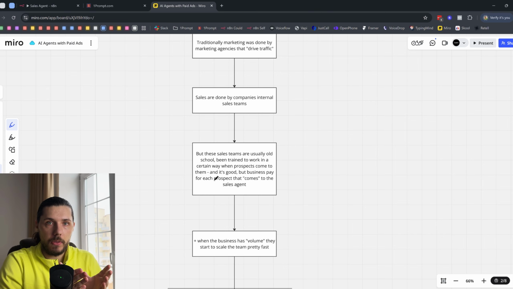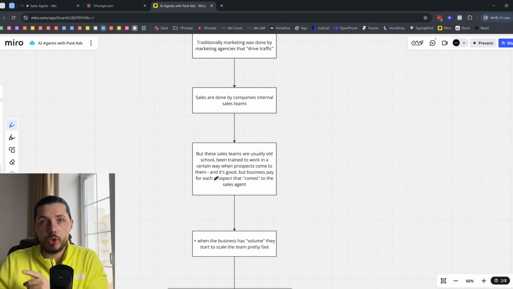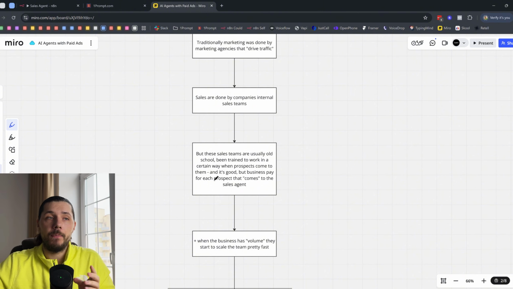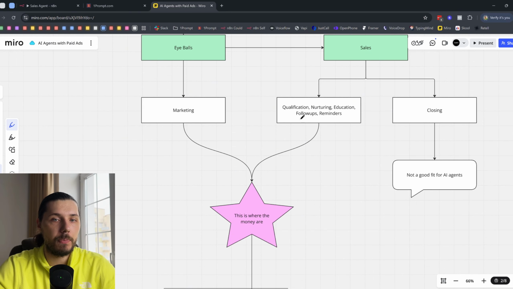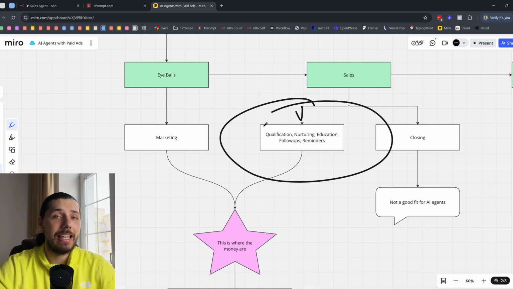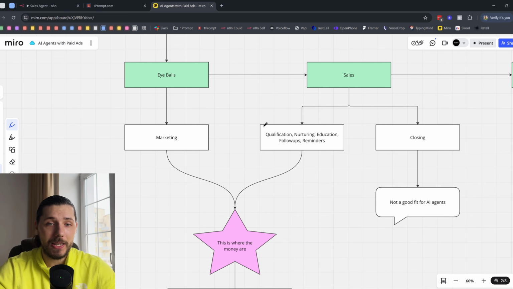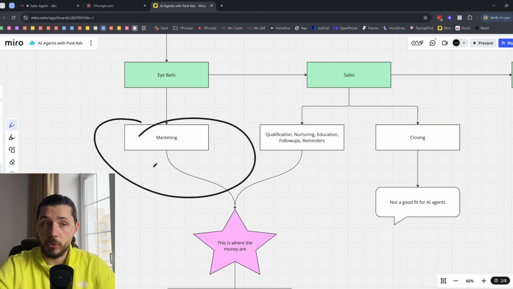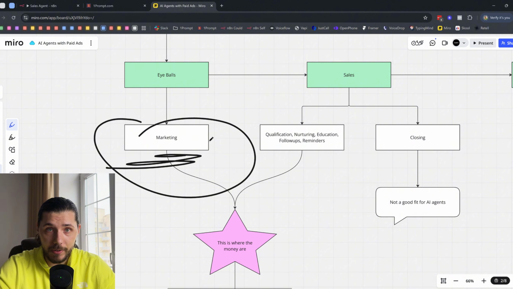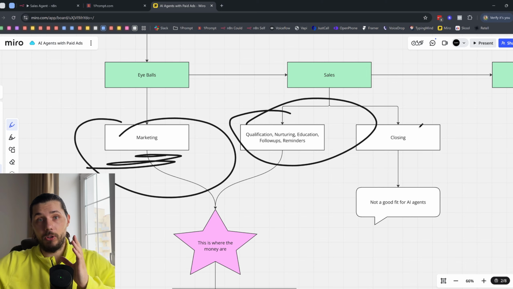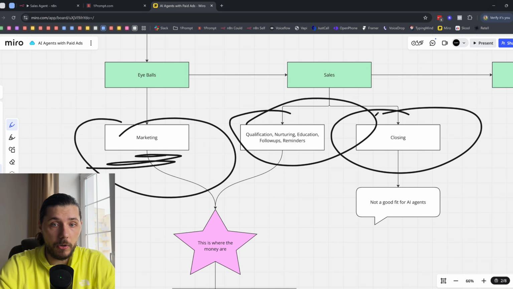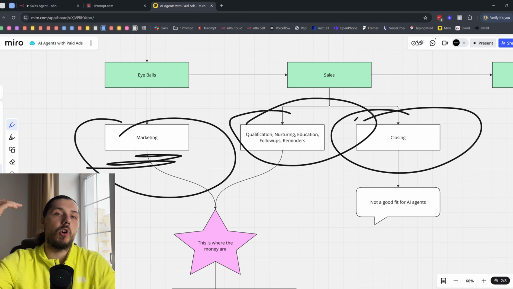But if you think about this from a business perspective, you are paying the sales members to work with all the prospects, whether they're qualified or not. And this is what we noticed: this process, specifically here, is the huge bottleneck for a lot of businesses, because this is outsourced to the marketing team. Marketing teams usually are not involved in this, but the actual sales teams internally are focusing on closing and working with the prospects that are interested.